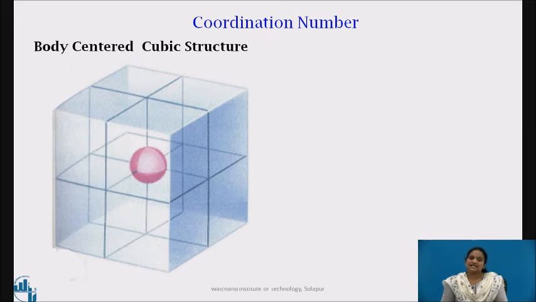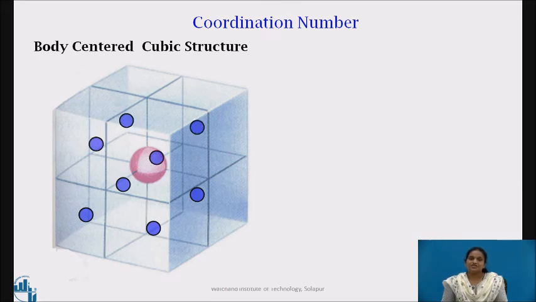In the BCC cell, atoms occupying the corner lattice points do not touch each other. However, each corner atom is in contact with the atom at the body center. As there are 8 unit cells around each corner of the cell, the atom located at a corner would be simultaneously touched by the 8 body centered atoms of the 8 surrounding cells.